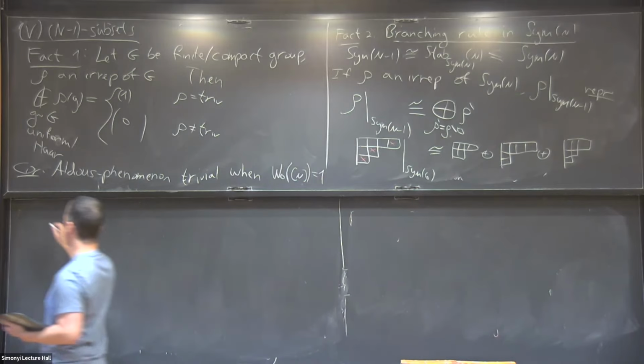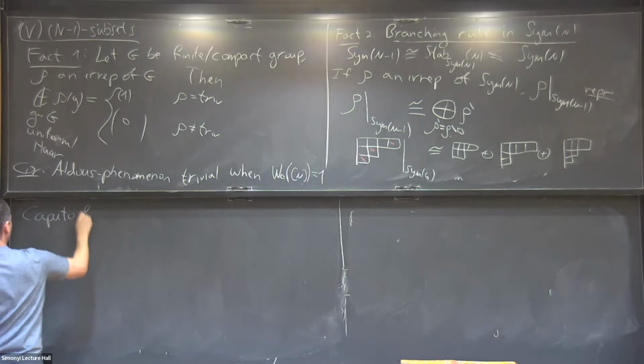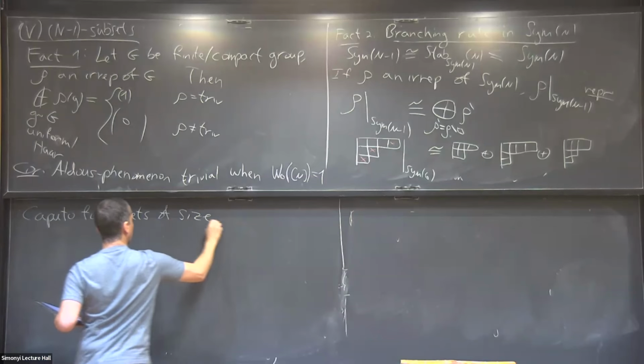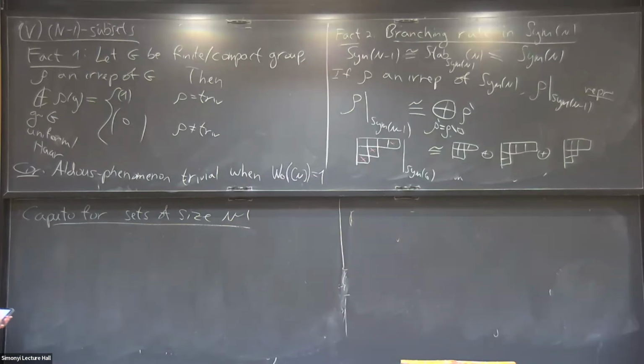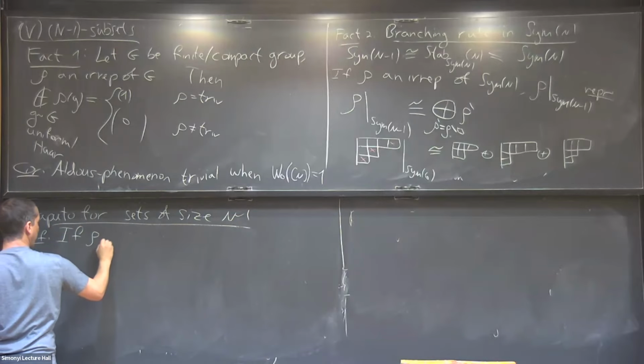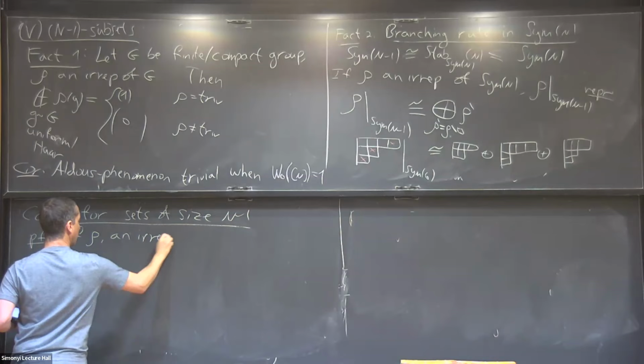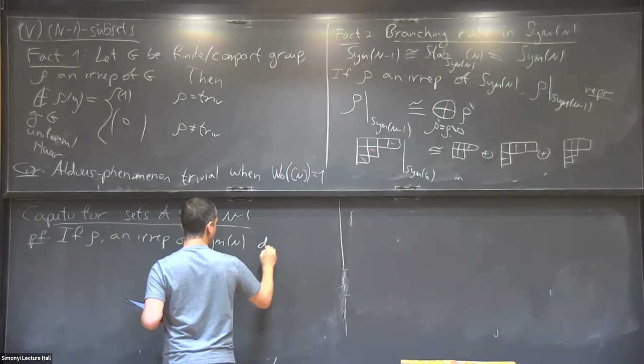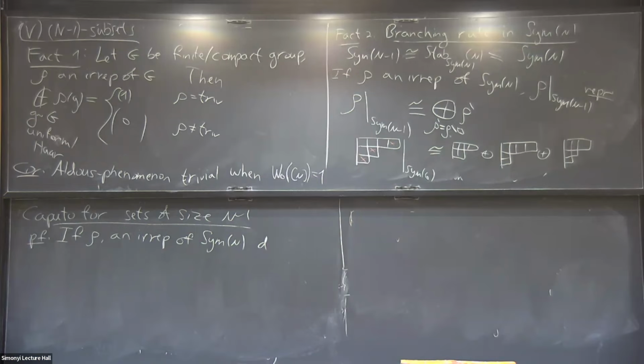So the proof is as follows. So when do I get something that is non-trivial when I restrict to Sn-1, the symmetric group on n-1?